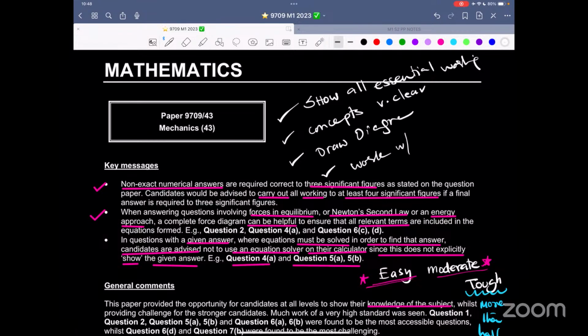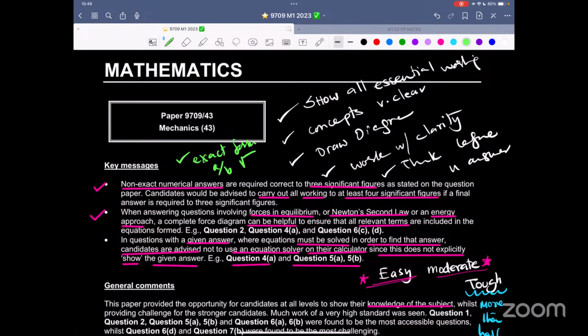Show all working, that is one thing; working with clarity is the other thing. Think before you answer. And where possible, work in exact form, whether it's a fraction or a square root, as this is not pure maths. Otherwise, I would have said pi. So work in exact form where needed.